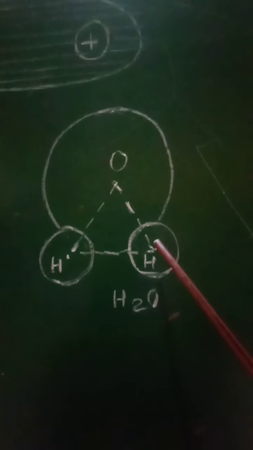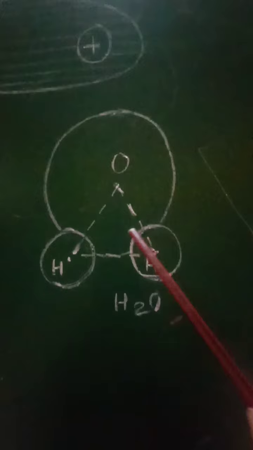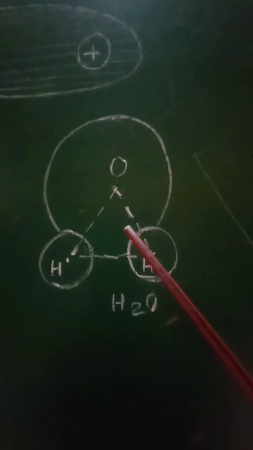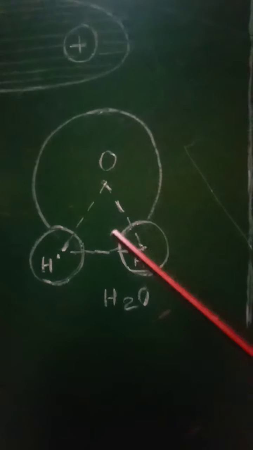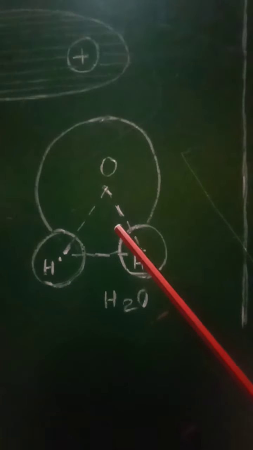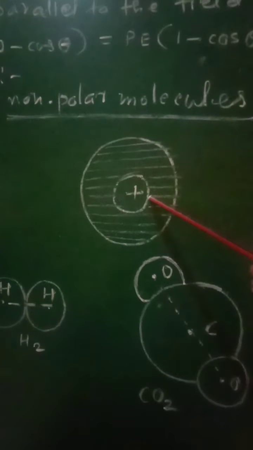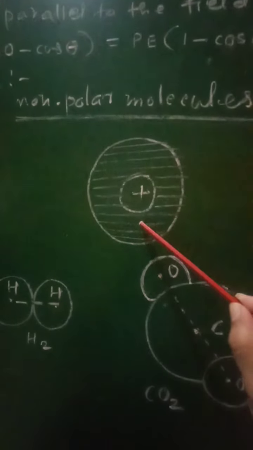Similarly, in case of the H2O molecule, the center of mass of all the positive charge and the center of mass of all the negative charge again will not coincide, will not lie at the same point, so that it is a polar molecule.